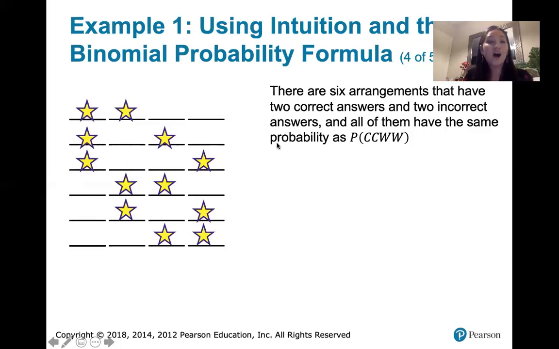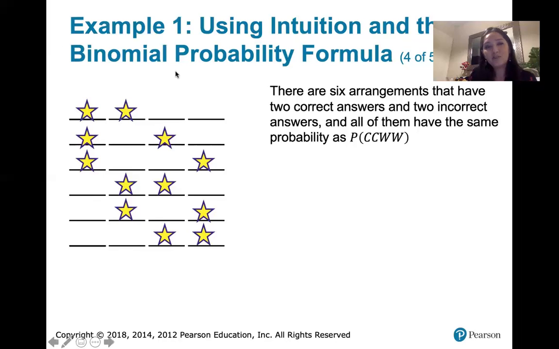And it turns out that all of these have the same probability. For the first one, we said that the probability of getting the first 2 correct and the last 2 incorrect was 1/5 times 1/5 times 4/5 times 4/5, or 1/5 squared because you had 2 answers correct, multiplied by 4/5 squared because 2 of the answers were incorrect.